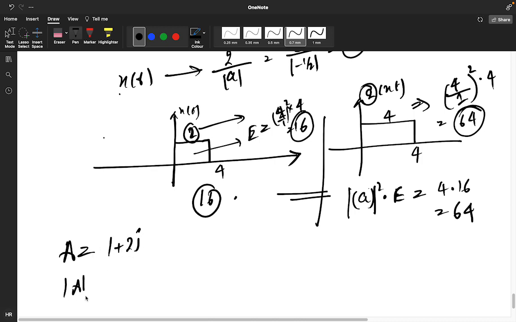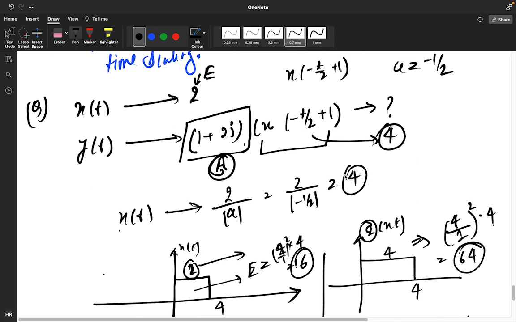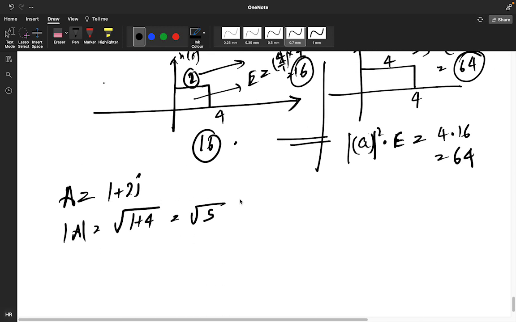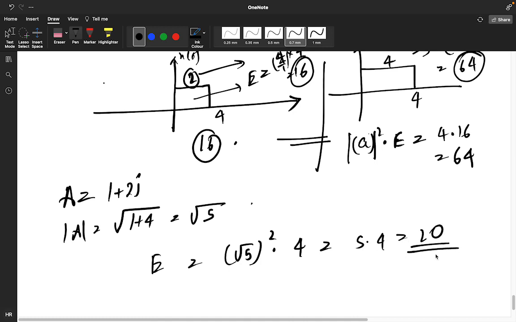What is mod a? Root under 1 plus 4, root under 5. And what is the energy we got here? The energy will be root 5 the whole square into 4. That will be 5 into 4, that is 20.